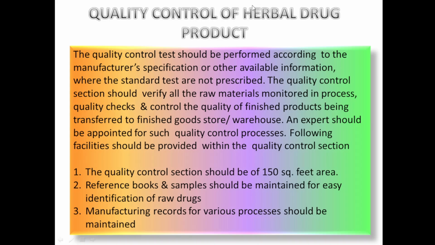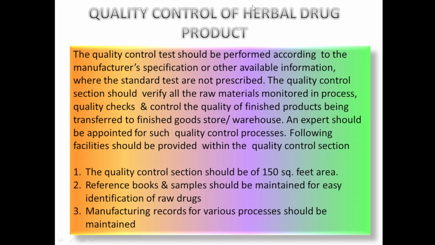The quality of finished product is also checked; quality control or evaluation tests are performed on the finished product before that finished product is stored in the finished goods store or warehouse.